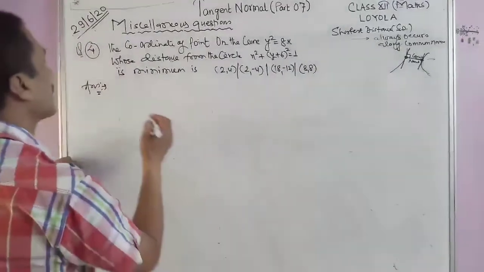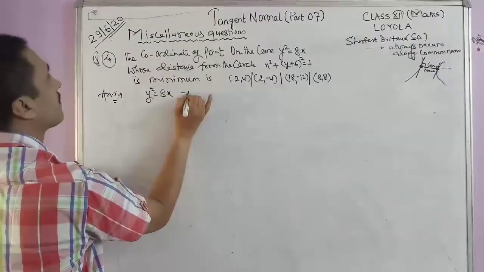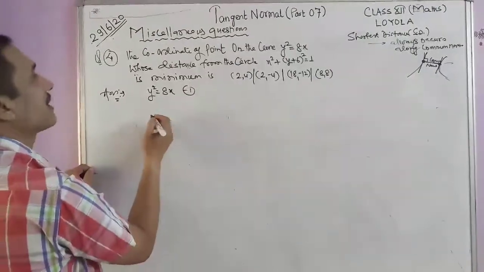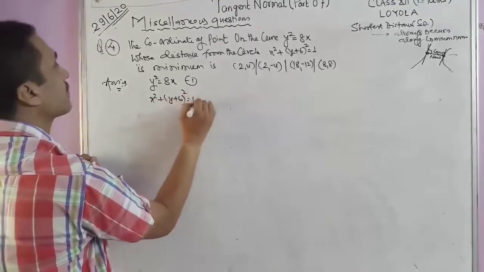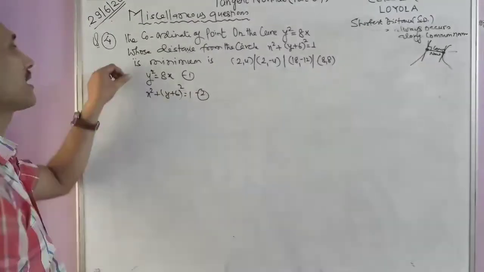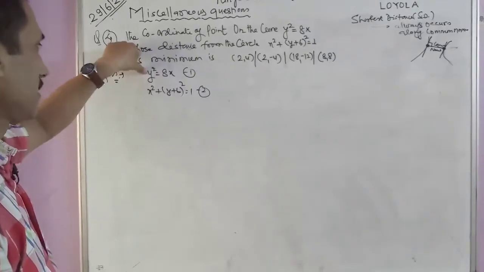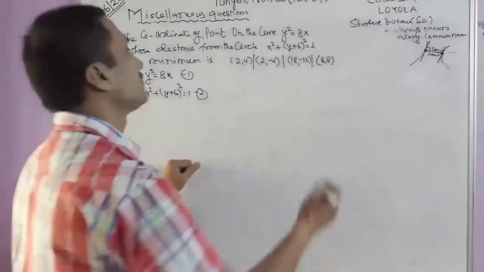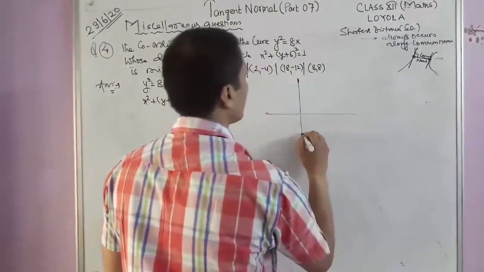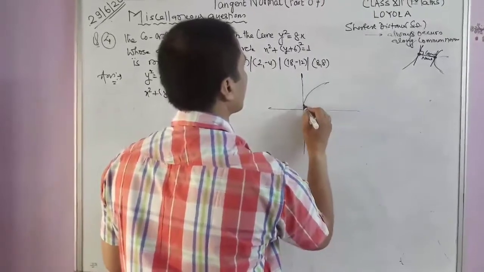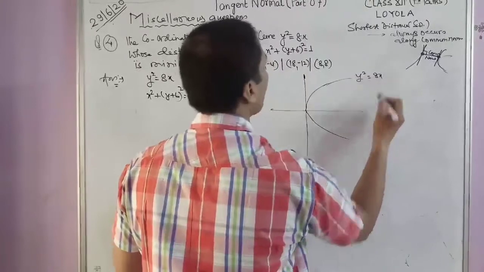Here the given curves are y square equal to 8x, the first curve, and the second one x square plus (y plus 6) whole square equal to 1. We have to take a point on this curve which is at the shortest distance from this circle. This is the curve y square equal to 8x.